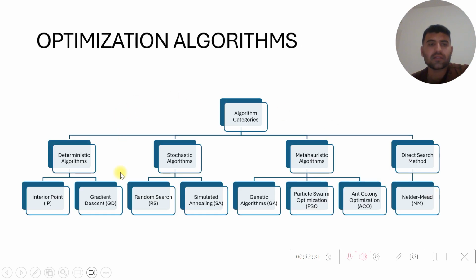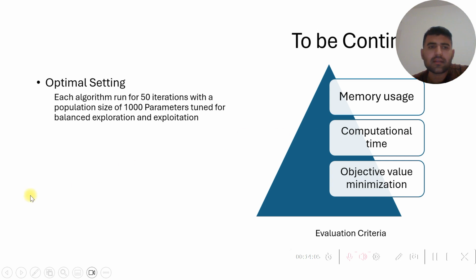So next, these are the optimization algorithms which we apply in this project, categorized into four main types: deterministic algorithms, stochastic, metaheuristic, and direct search methods. These are all good for optimization problems. So here we have interior point method, gradient descent, random search, simulated annealing, genetic, particle swarm, and simplex method.